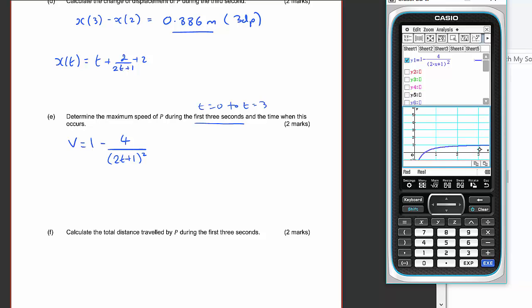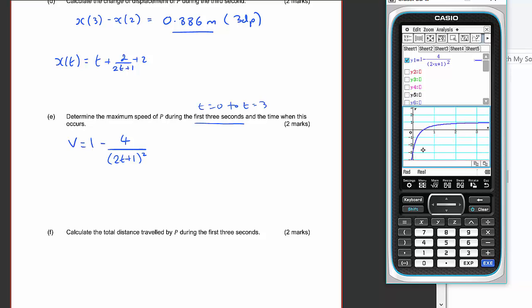It's speed that we're after, so what we're going to be interested in, I can see there's no turning points along here. In fact, we can see that if we just look for a maximum. Not found. So it's going to be the end points that we're interested in. So it looks like I need to actually bring the graph up a little bit like that.